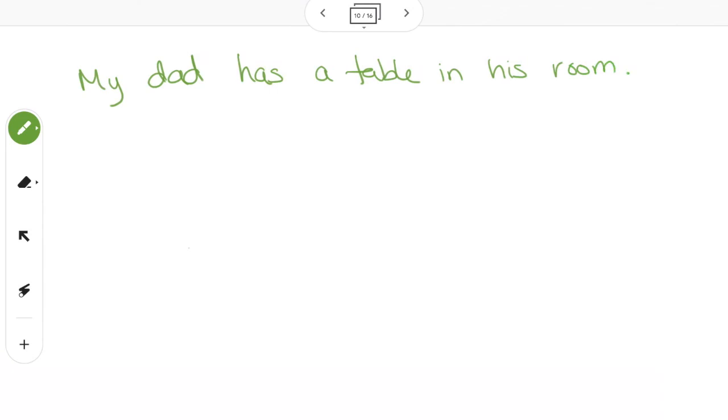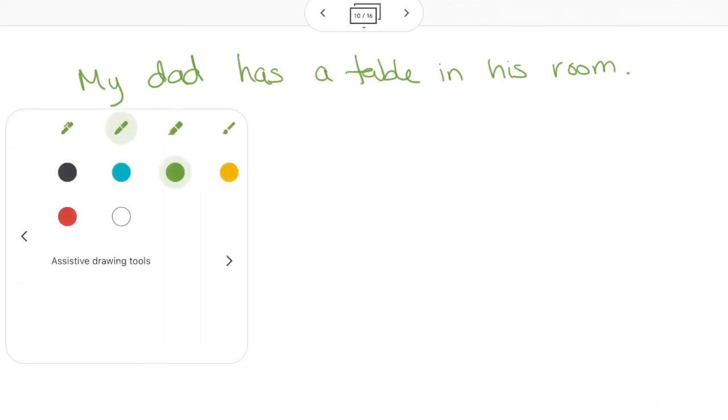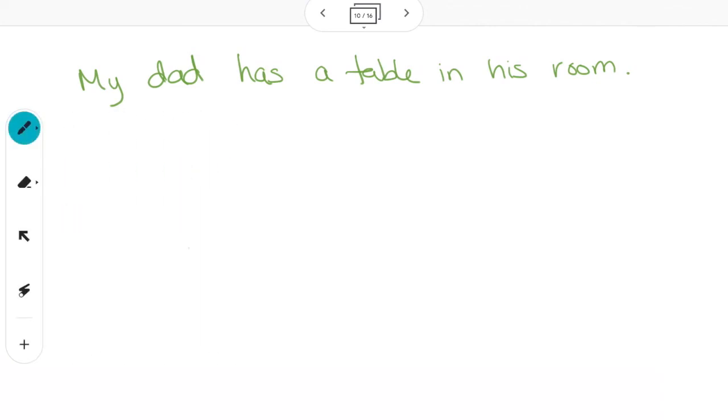If I want to say, my dad has a table in his room. So go ahead and pause the video and try to do this. So when we see a sentence like this, we want to break it down part by part.